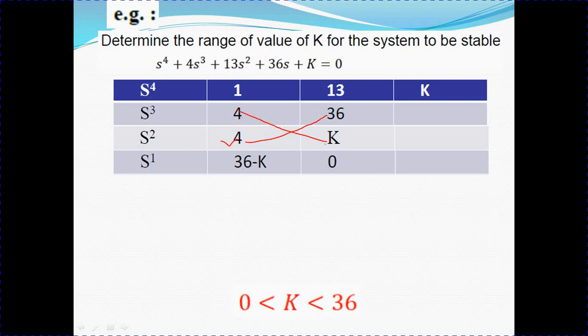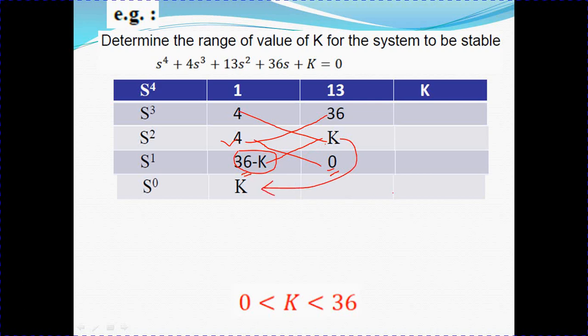So you can take 4 common out of it, so that is going to cancel with the 4 in the denominator, hence now the value will be equal to 36 minus k. Okay, the second element will be 0 if I calculate it. So now we need to calculate the last row, that is the s to the power 0 row. So now what we need to do, multiply these two values minus 0 divided by this 36 minus k, hence you are going to get k back here.